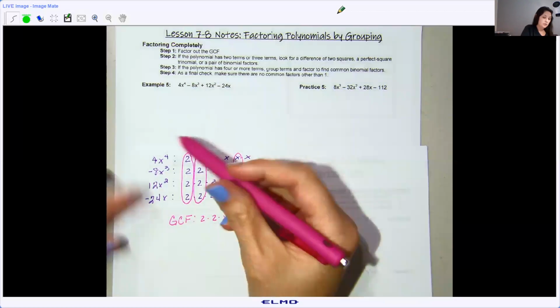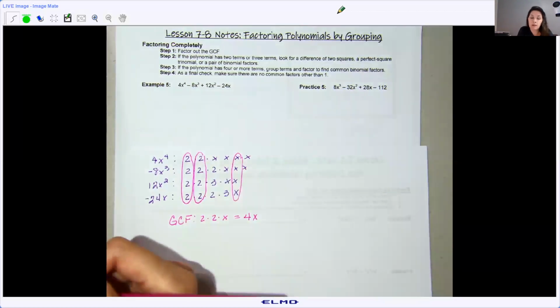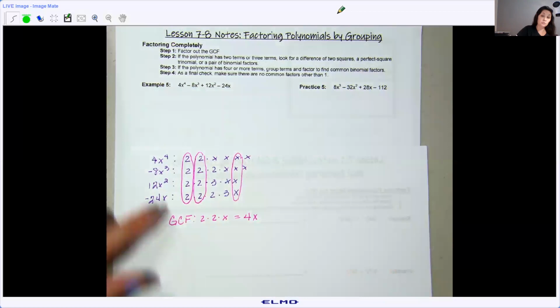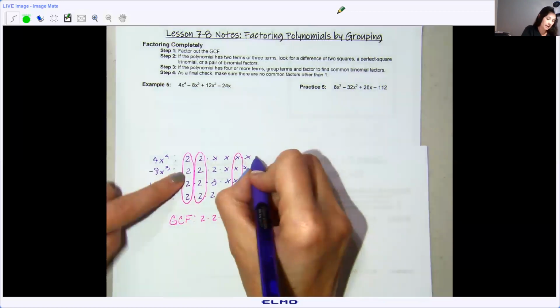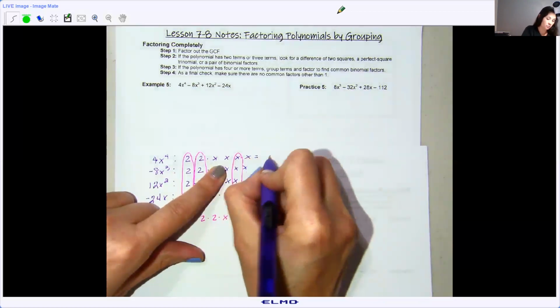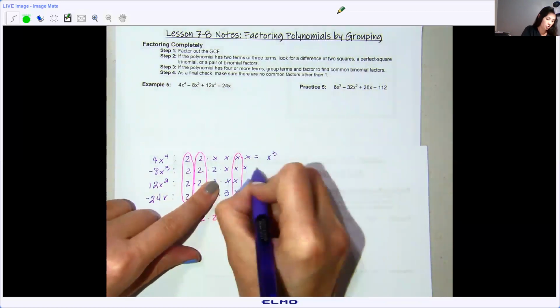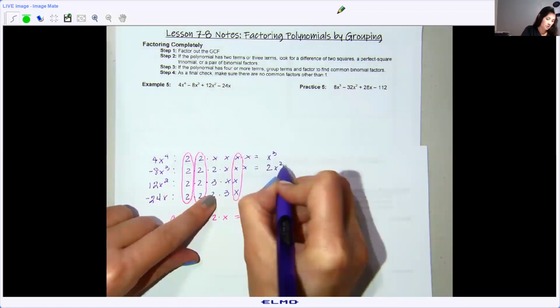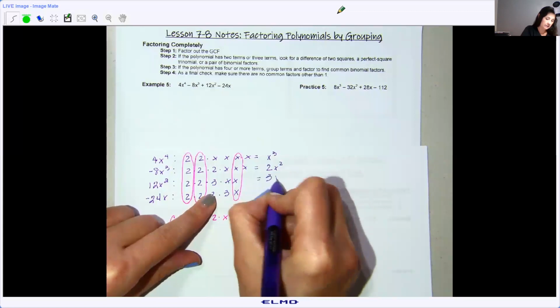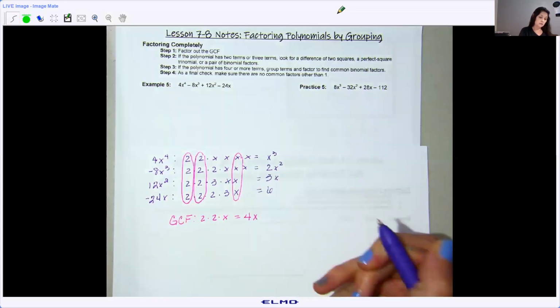And then I would take each of these terms and divide by 4x, or if you do it this way, you can just count up what's left. I have x cubed, I have 2x squared, I have 3x, and I have 6.